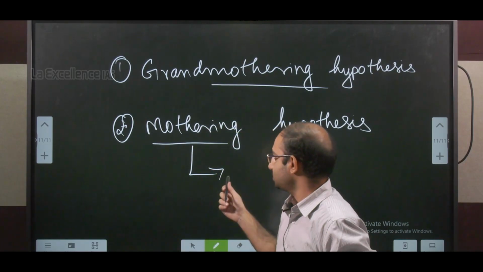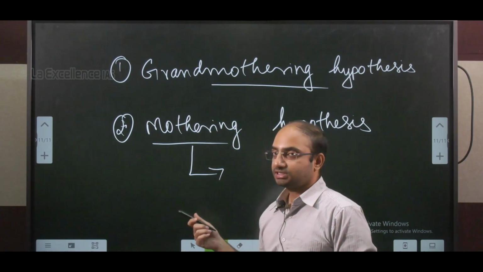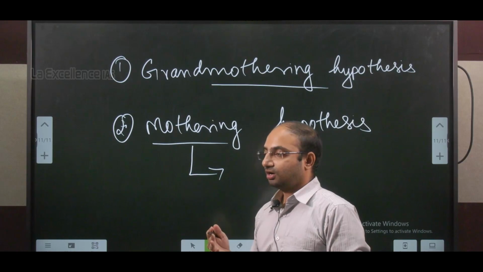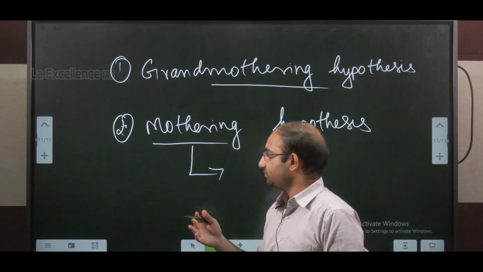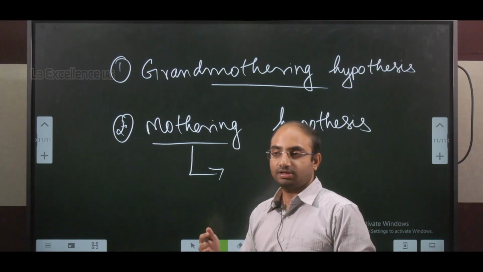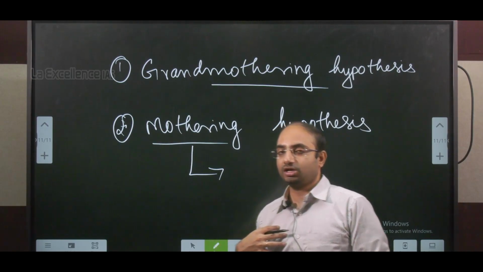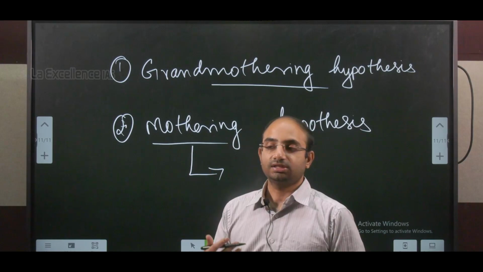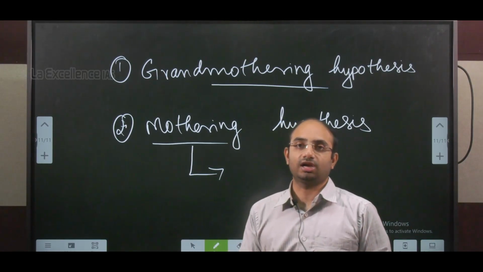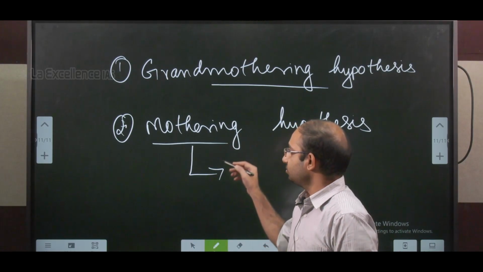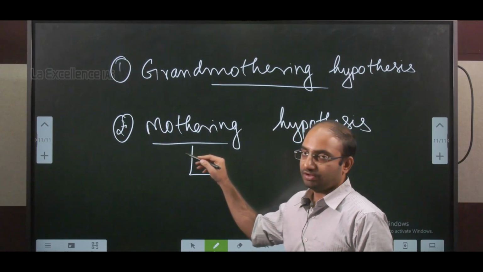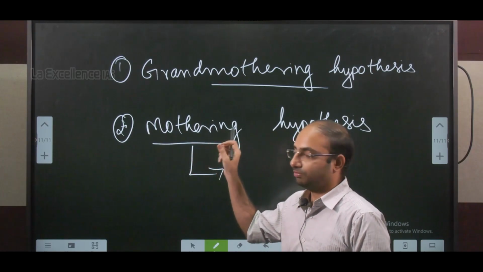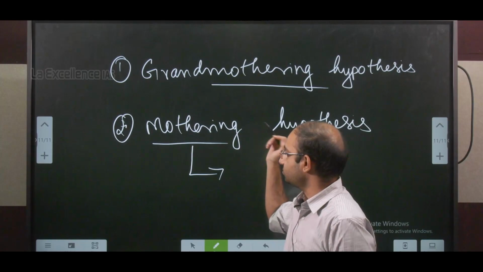So this theory is suggesting that when mothers have a long life after menopause, that is after 50, they are able to live for a longer period, and then mothers are in a position to take good care of their adult children. As a result, the children experience a longer life, and that is probably why natural selection has favored this kind of gap between menopause and death. So that is called the mothering hypothesis.